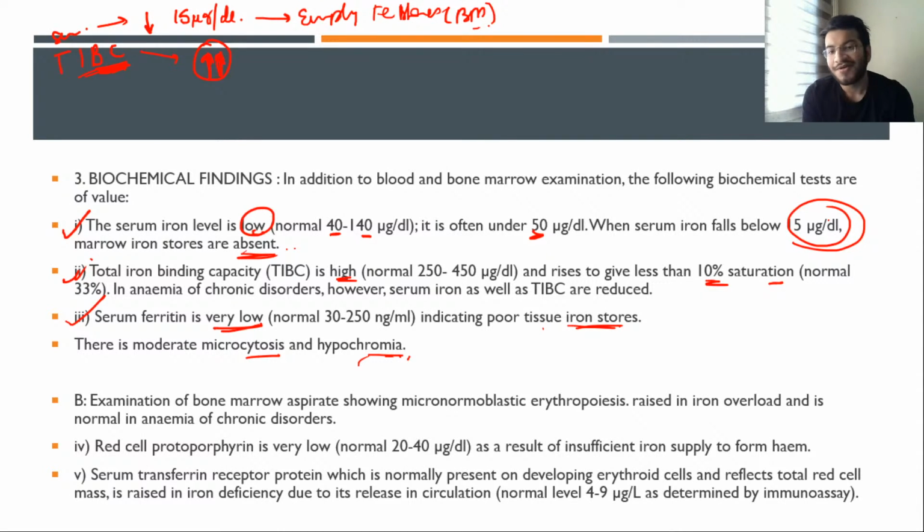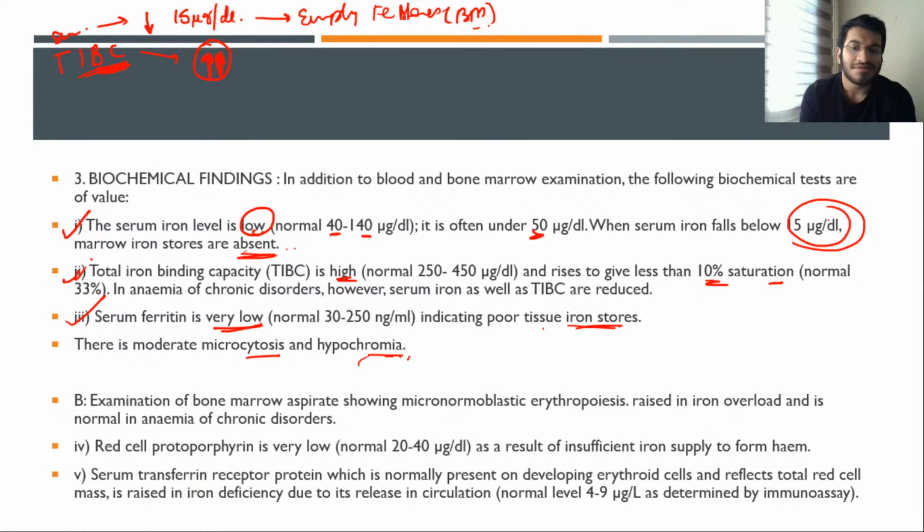Then examination of the bone marrow aspirate showing micronormoblastic erythropoiesis; marrow iron is raised in iron overload and normal in anemia of chronic disorders. Then red cell protoporphyrin is very low as a result of insufficient iron supply to form heme.